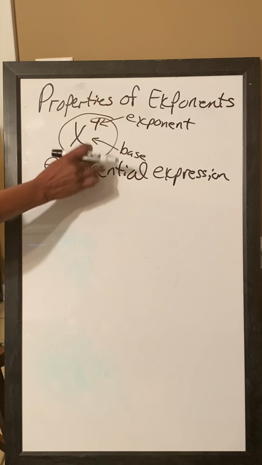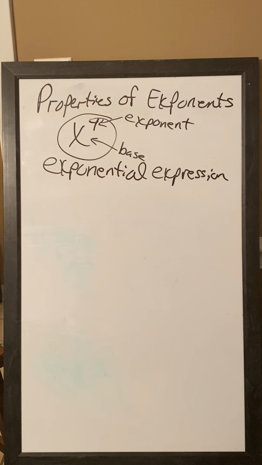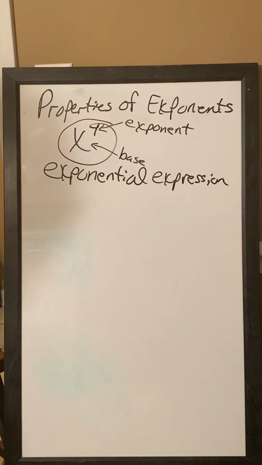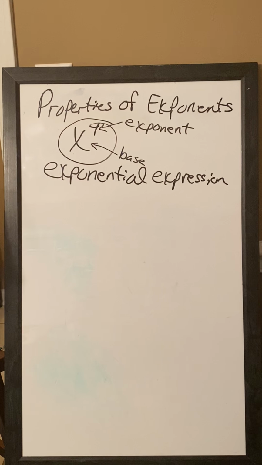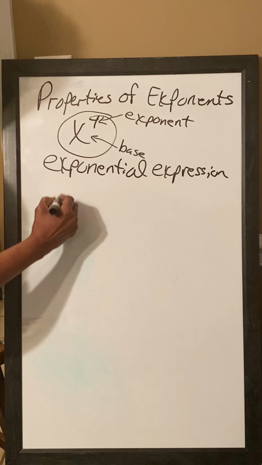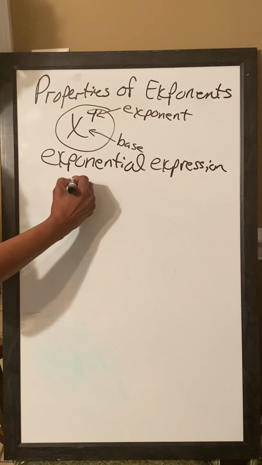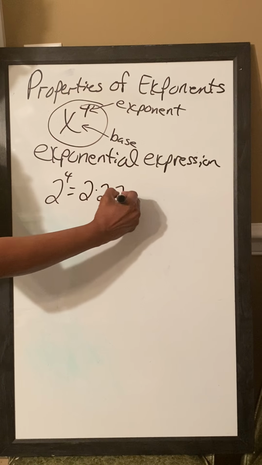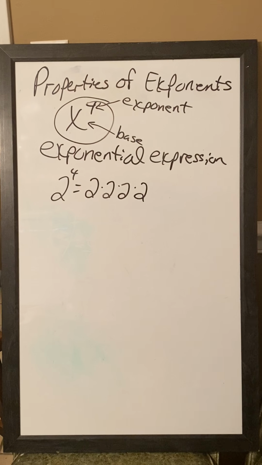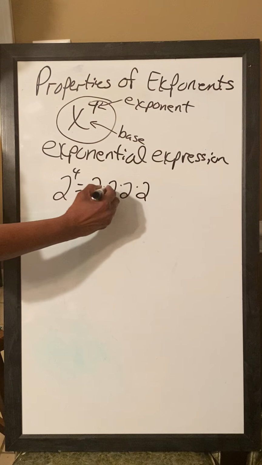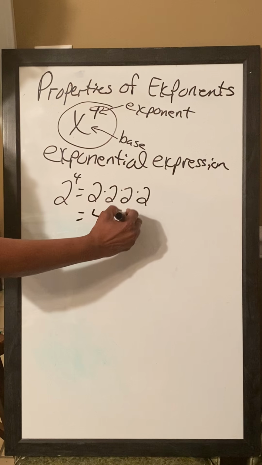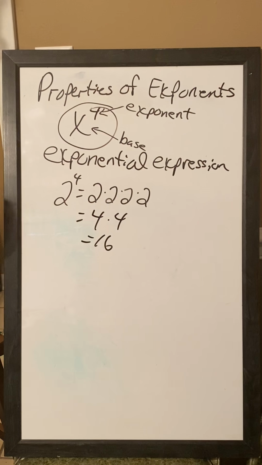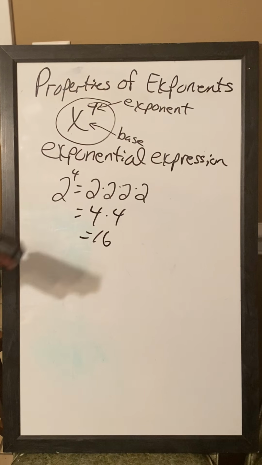The exponent lets you know how many times the base is a factor. And when you think of factors, you think of multiplication. So if I had 2 raised to the fourth power, that means I have 2 times 2 times 2 times 2. Then I would simplify that, and 2 times 2 is 4, 2 times 2 is 4, and that gives me 16.